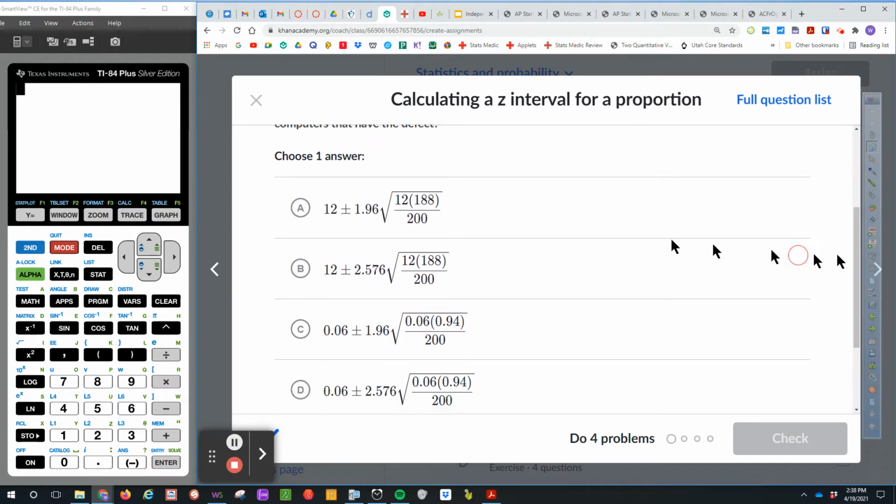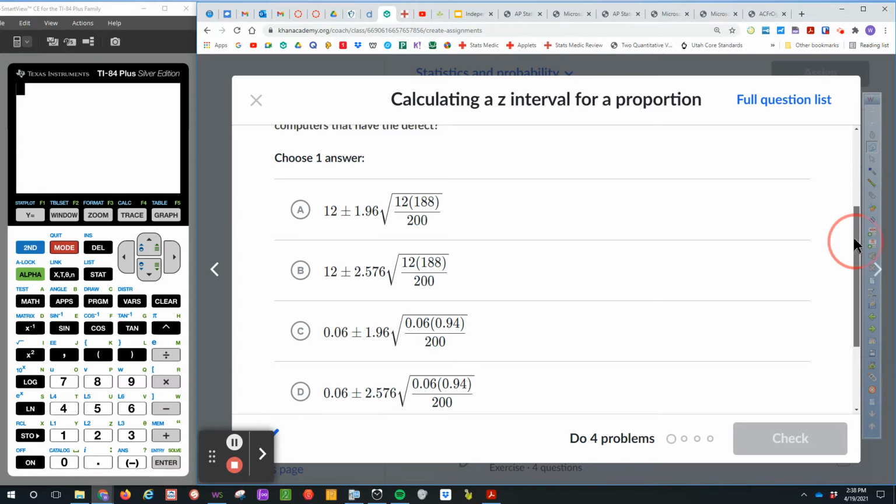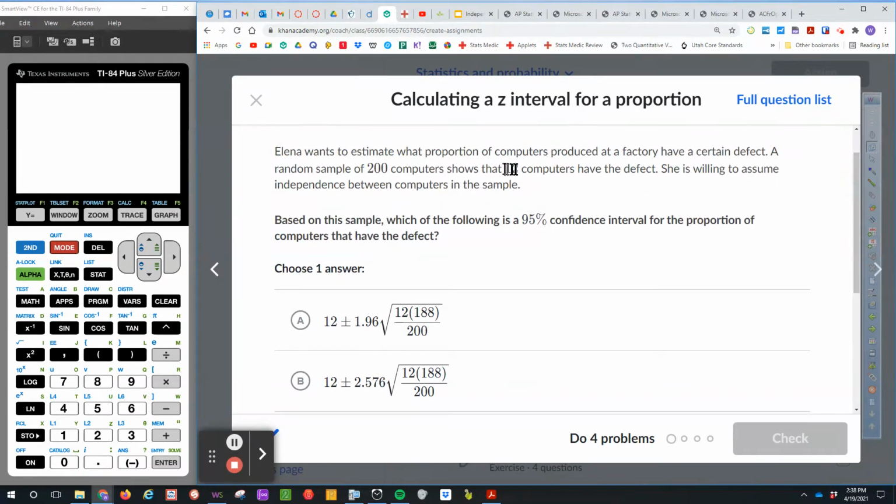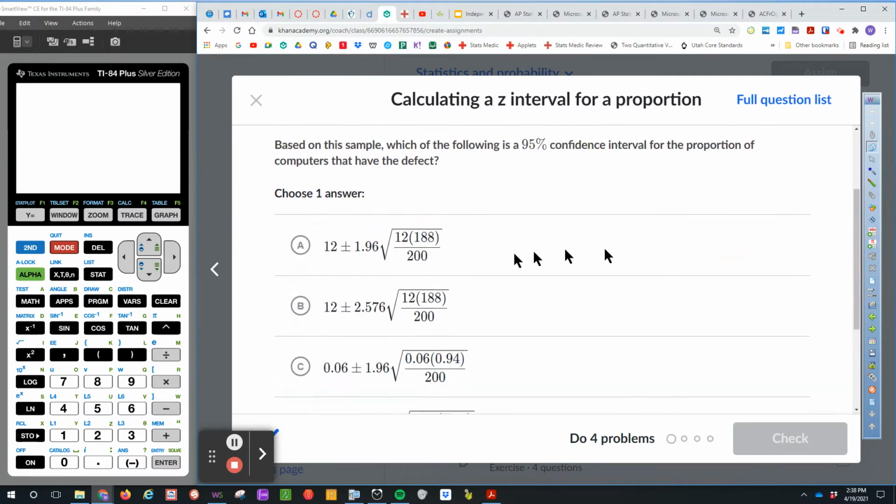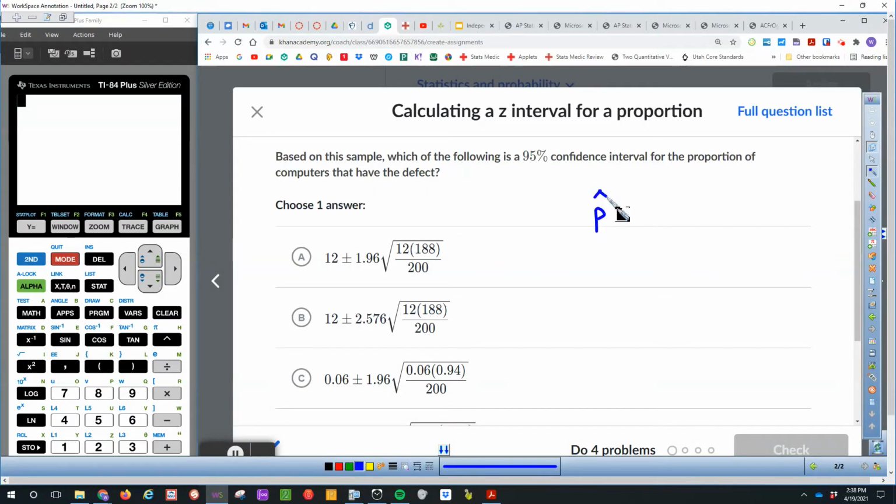You see how in A and B, 12 is here? In fact, 12 of the computers have the defect, but 12 is a number, not a proportion. Remember our formula was p hat plus minus z star times the square root of p hat times 1 minus p hat divided by n.